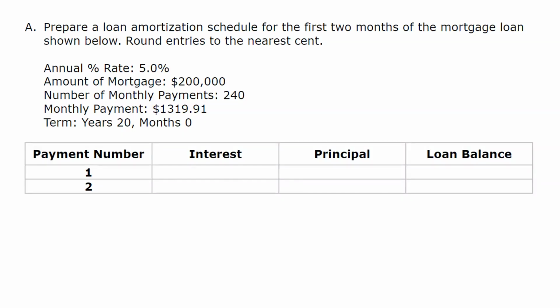The amount of the mortgage is $200,000. The number of monthly payments is 240. The monthly payment is $1,319.91, and the term of our loan is 20 years. We want to find the interest, principal, and loan balance for our first payment and our second payment.